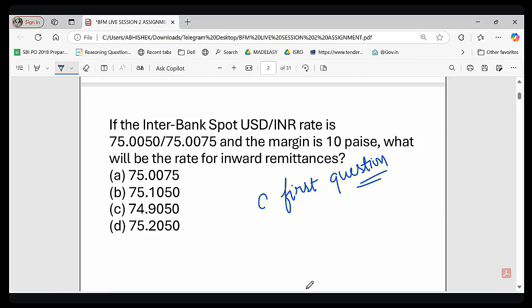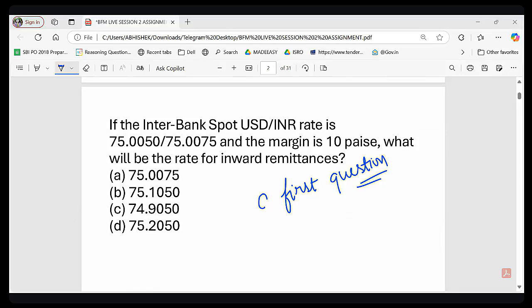If it is not visible, then we can look for some alternate option. Kindly tell me whether you are able to see it. Okay, fine, very good.